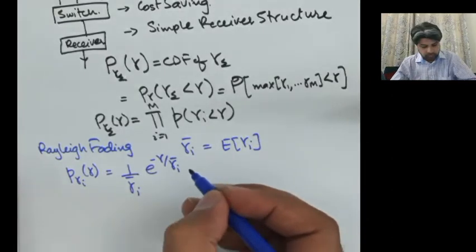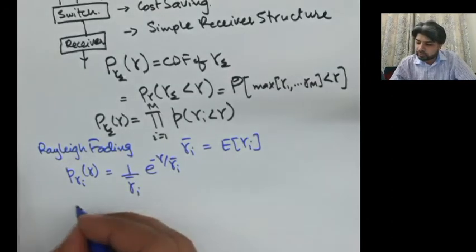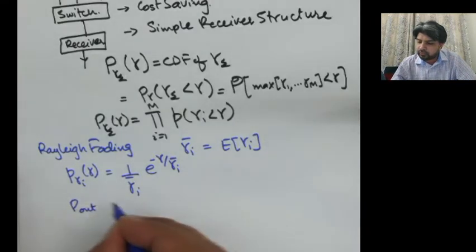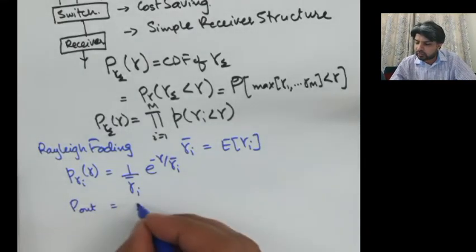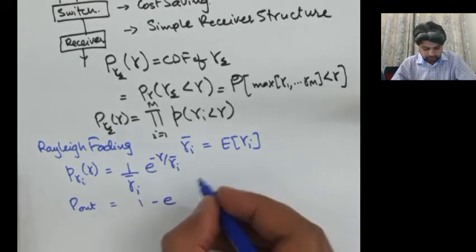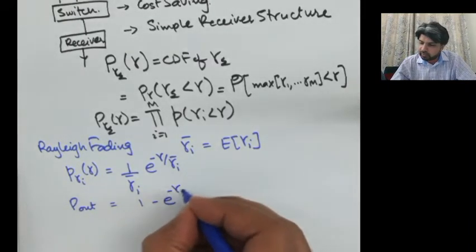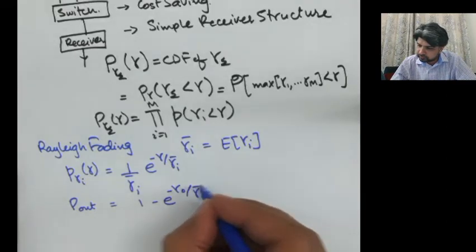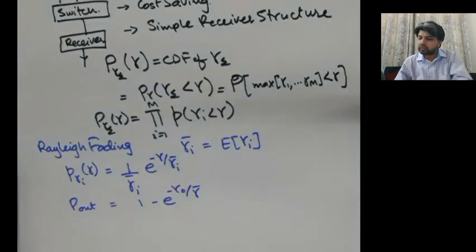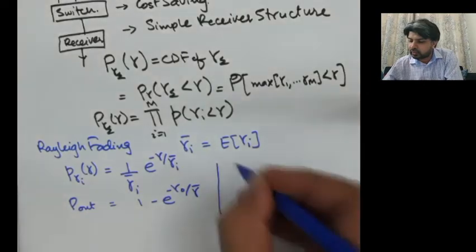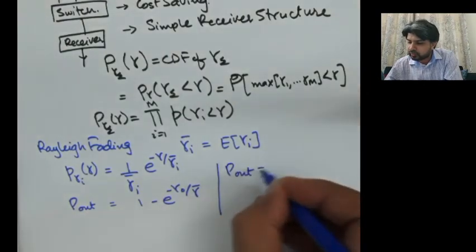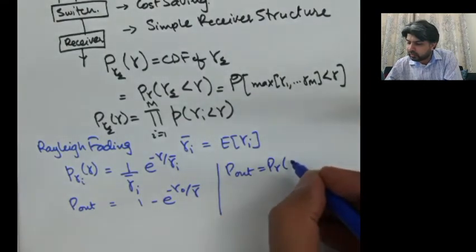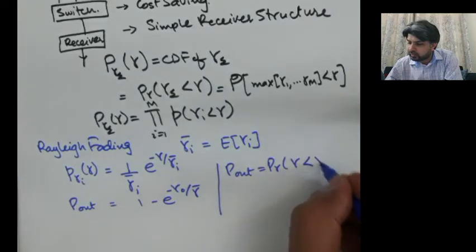And we also know that the outage probability P out for Rayleigh fading is nothing but 1 minus e to the power minus gamma naught over gamma bar. That is your P out. Remember, your P out is nothing but the probability that gamma is less than some gamma naught.